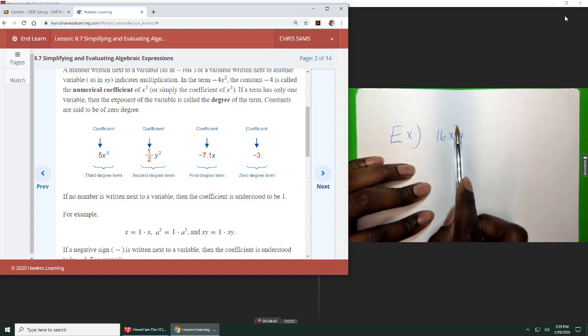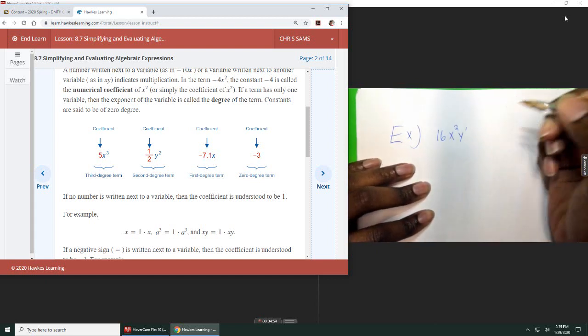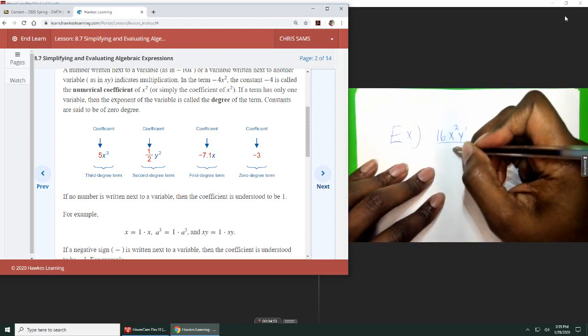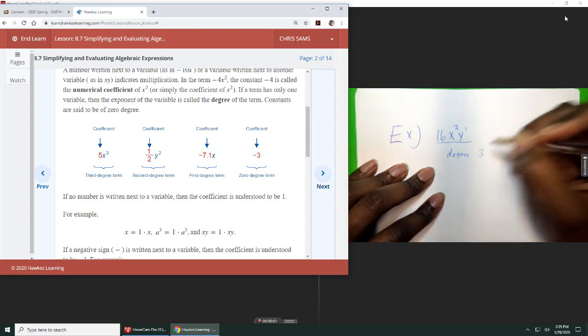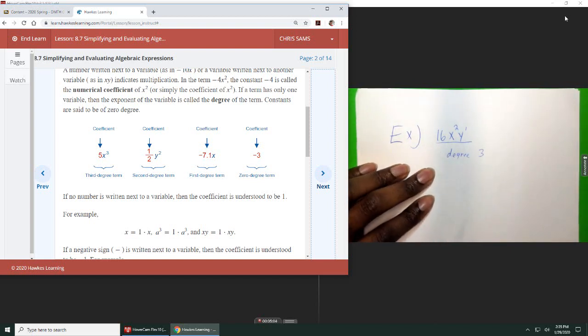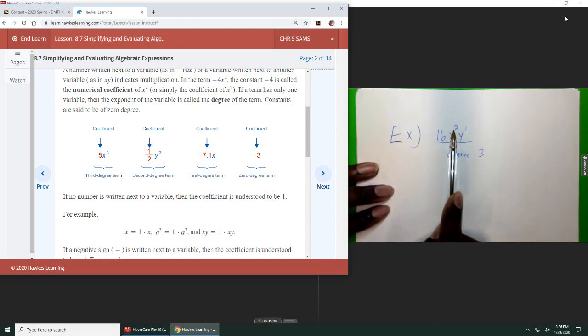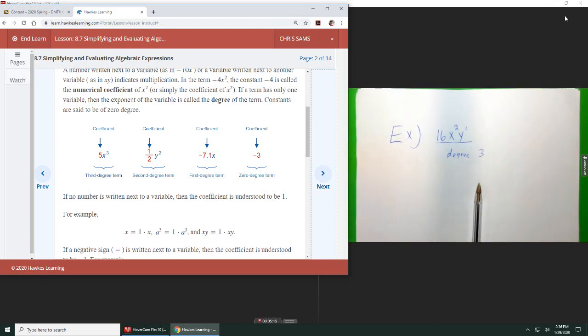So here we have 2 x's and how many y's? 1. So understood 1. So the degree of this term would be 3, because altogether you have 3 variables total. So it's not just looking at the biggest number. If it was just one variable, yes, look at the biggest one. But if there's more than one variable, then you need to add their subtotal, and then that will be your degree. So it's a little bit more than what they give you, so you need to be mindful of that, okay?